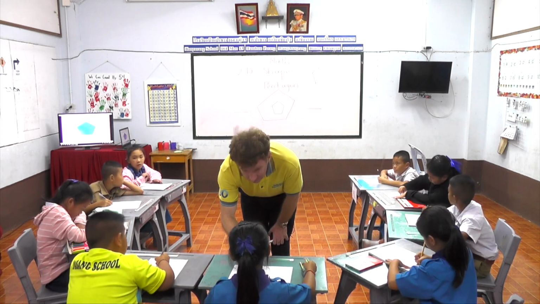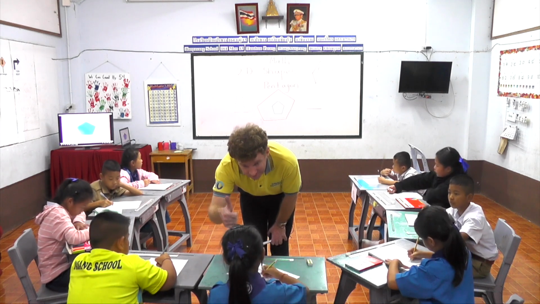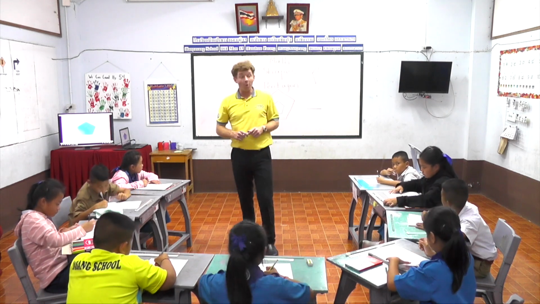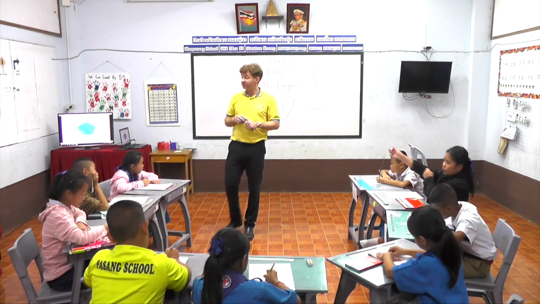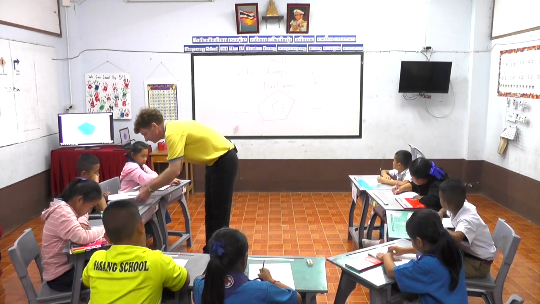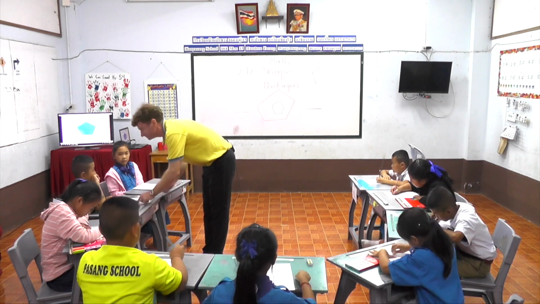1, 2, 4. Perfect. So now I have to do one more, but you can think of them by yourself. And if you finish drawing, you can colour. So how many sides? Let's see. 1, 2, 3, 4.